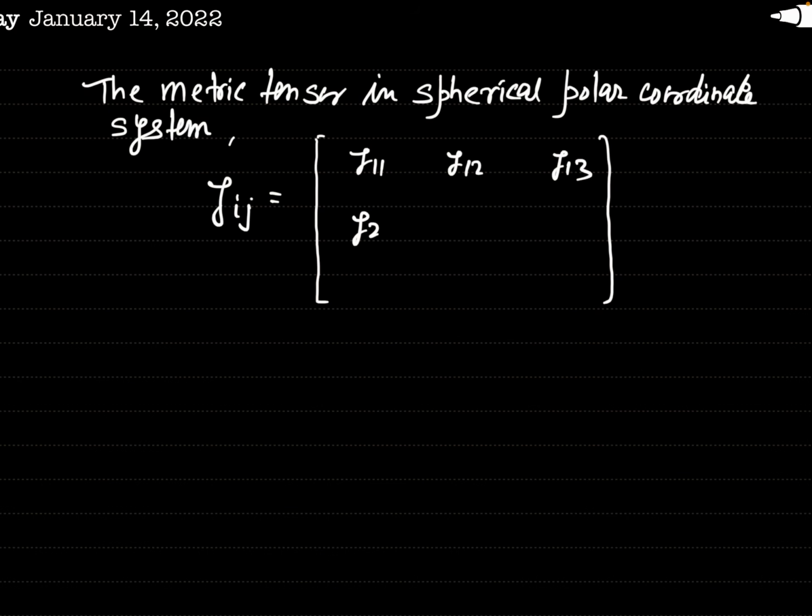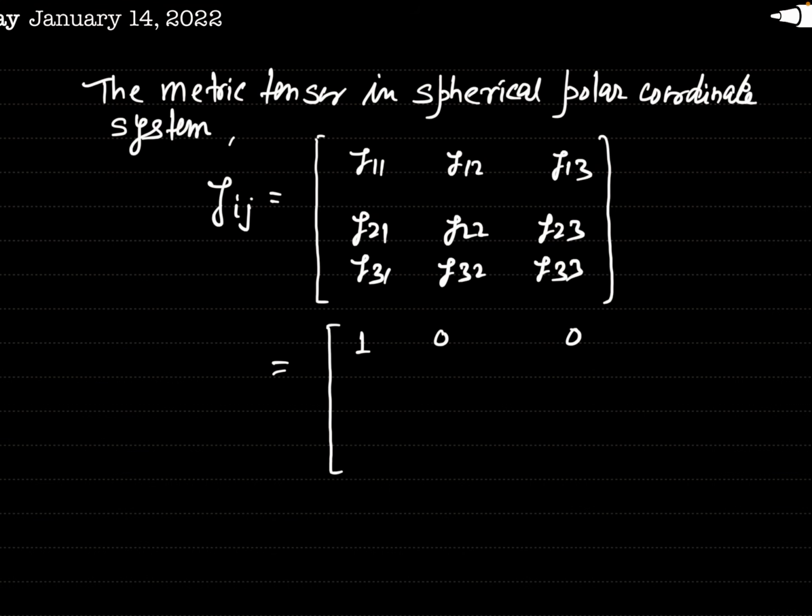And G21, G22, G23, and G31, G32, and G33. But you have seen that this G11 in a spherical polar coordinate system is 1, and G12, G13, all these are 0.